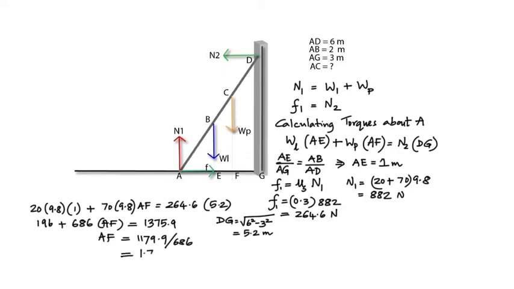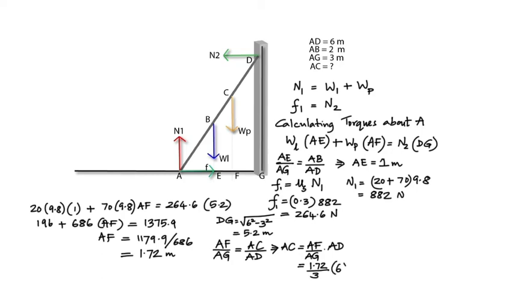Once you get AF, we can calculate AC. AF by AG is equal to AC by AD, from which we can find AC.